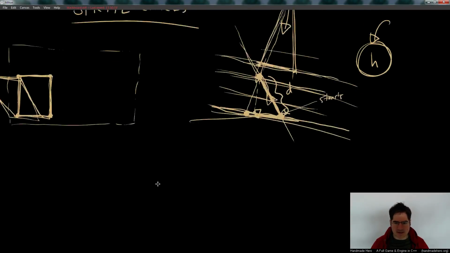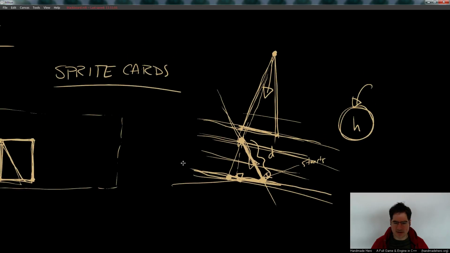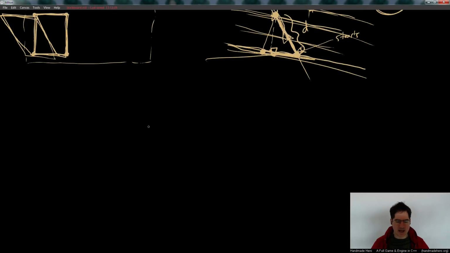So I believe, and I could be mistaken, but I believe what we essentially have is the camera's up vector, which is the y-axis of the camera in this case. So here's the camera. We have some y-axis of the camera.